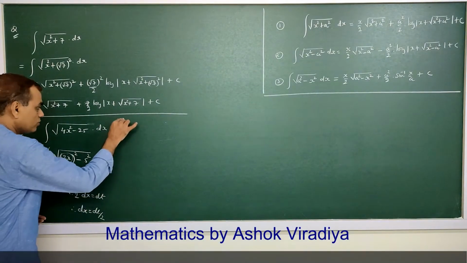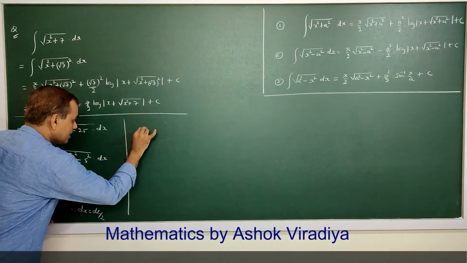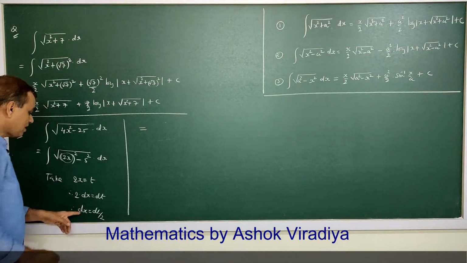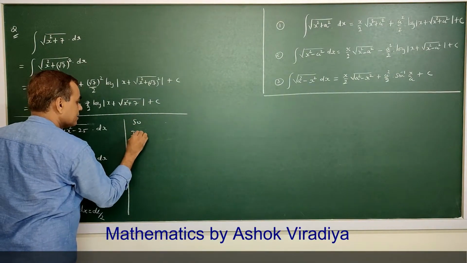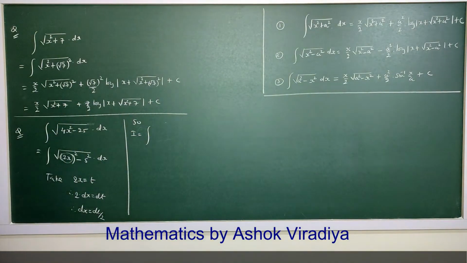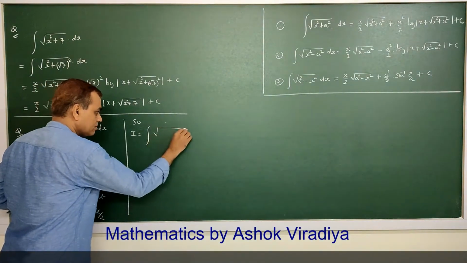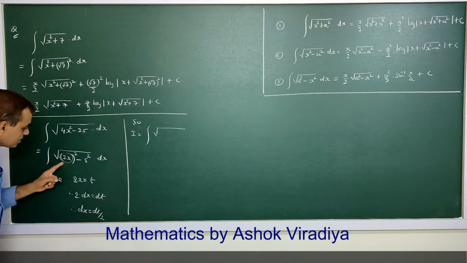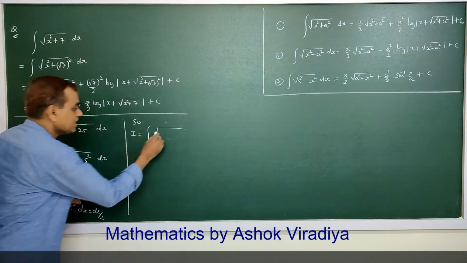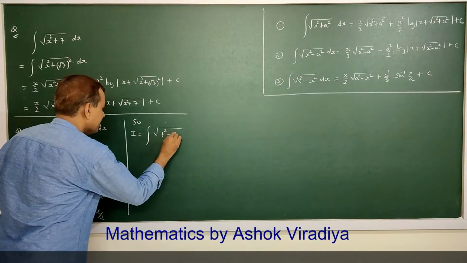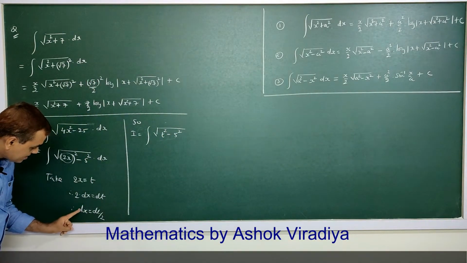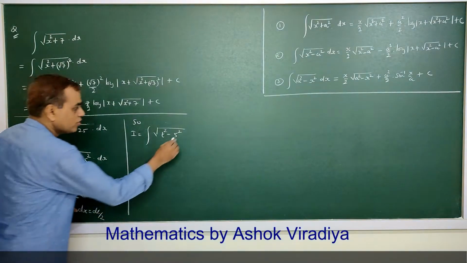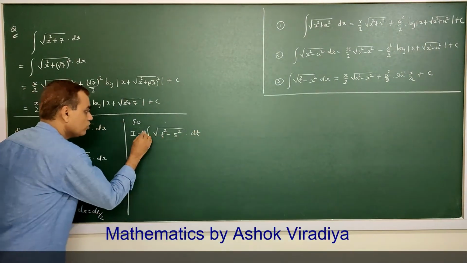Now putting these values, I is equal to the integral of square root of t square minus 5 square, and dx is dt by 2. So dt by 2 came outside.